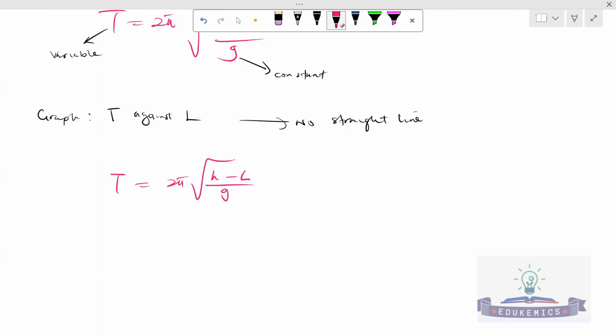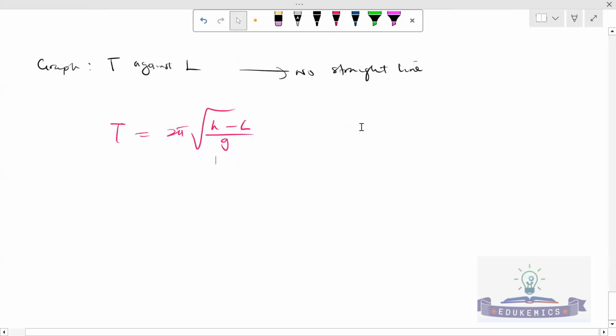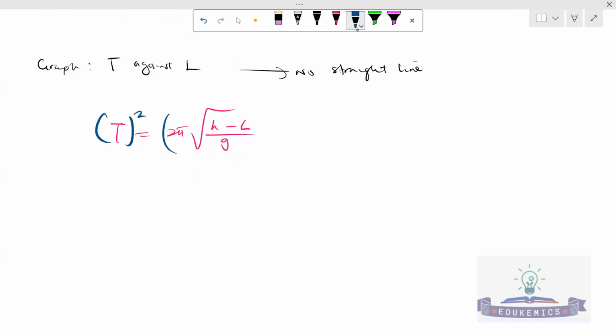Let's square both sides. So I have T squared, 2 pi squared will give me 4 pi squared, and this cancels the root, so we're left with L over g.